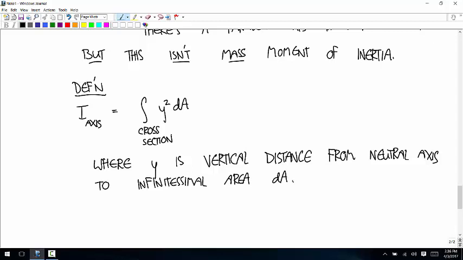Anyone happen to remember what the mass moment of inertia definition is? Don't read it. It looks a lot like this, except it's a dm instead of a dA, and instead of being a vertical distance only, it's a pure distance. It's like rho squared dm, or r squared dm possibly.